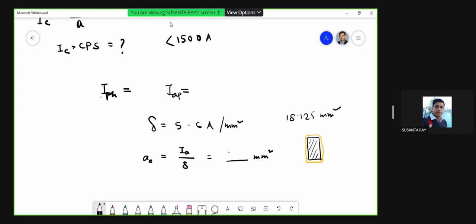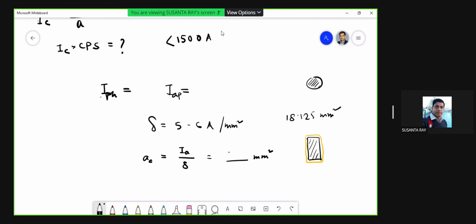Okay, but actually two things you can do. One is that you can take multiple parallel conductors, or you can take one. But those who are getting this area more, they have to take the square bars, not the round one.